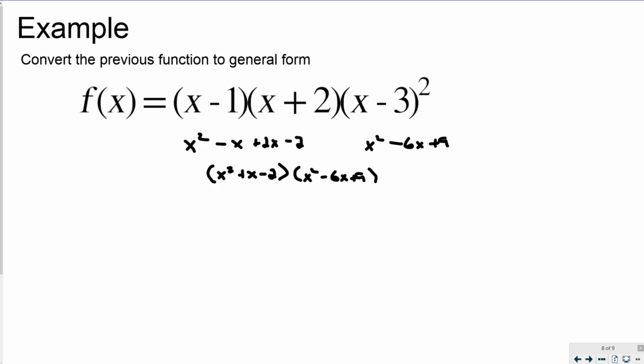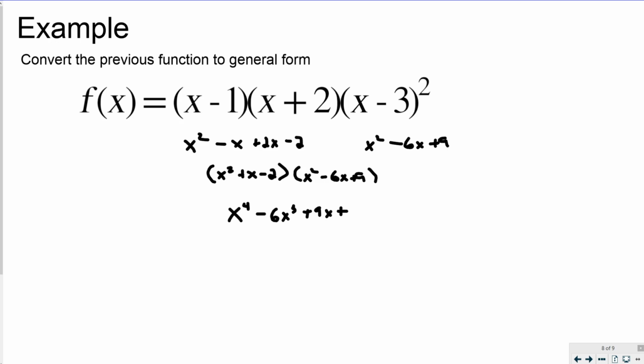And then you're going to need a 3 by 3 box to do that. For simplicity's sake and time's sake, I'm not going to draw the box, but I am going to do the multiplication. I would get x to the 4th when I multiply the first term by the first term. And then the first term by the second term would be minus 6x cubed. First term by the last term plus 9x. And then do the middle times all three.